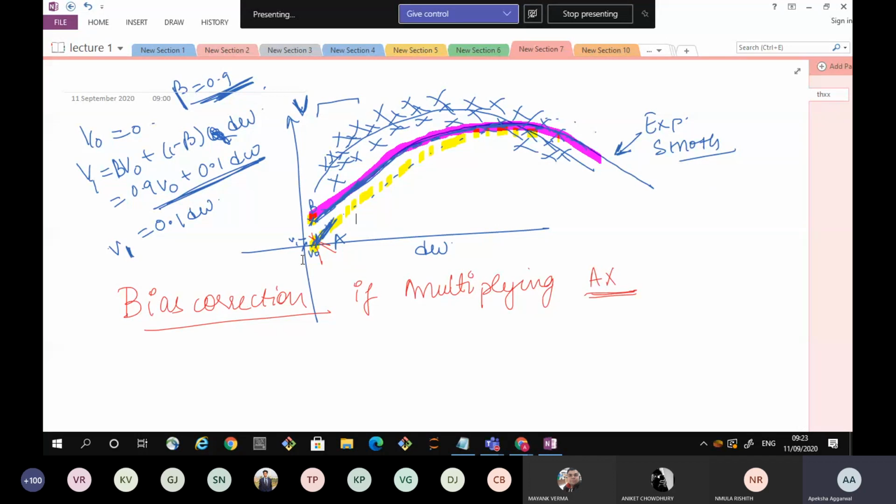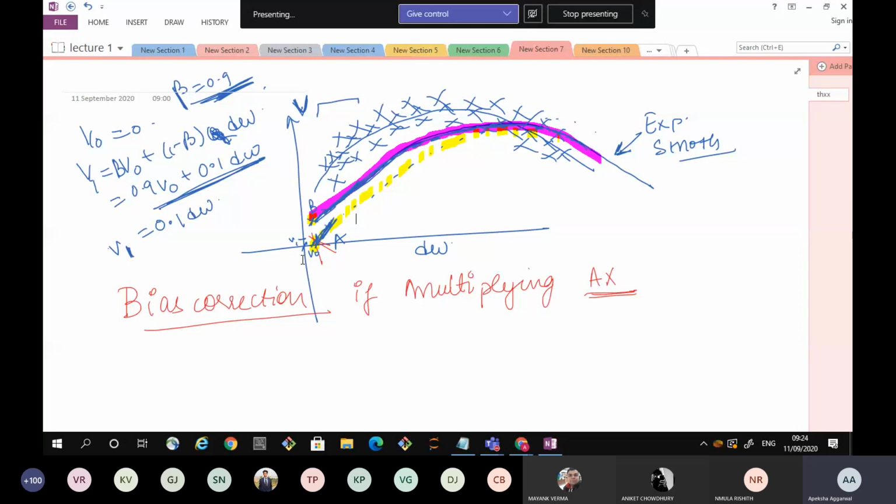So I'm multiplying it over here with a number which is 1 minus some number, let's say 1 minus beta t. Because this number is less than 1, dividing by a smaller value is the same as multiplying by a larger value.